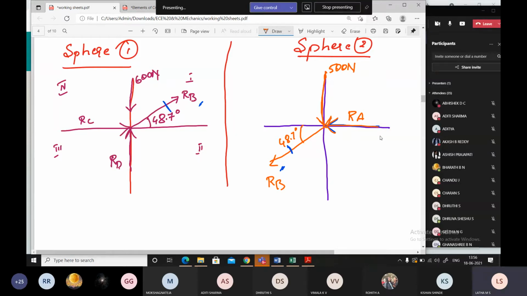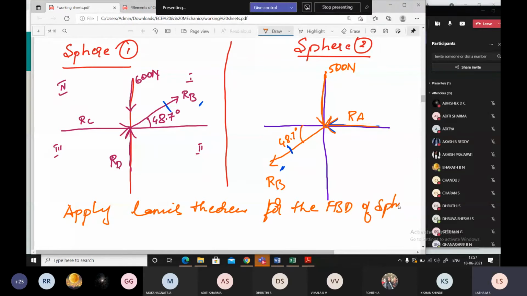Only if I have two unknowns and the third value is known, I can apply Lami's theorem with only three forces. So apply Lami's theorem for the free body diagram of sphere 2.